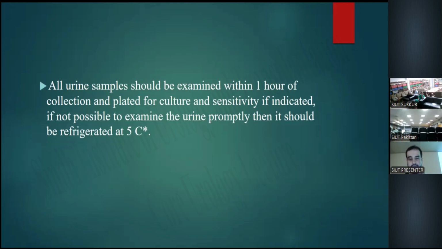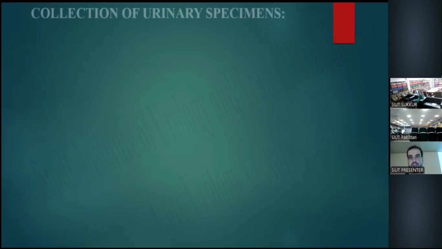If it is not processed within 1 hour and is kept at room temperature, changes in the sample and its components will lead to a suboptimal report. If kept for more than an hour, it will lead to increased urine pH or overgrowth of organisms, or disintegration of the RBCs or WBC casts, leading to suboptimal reports.